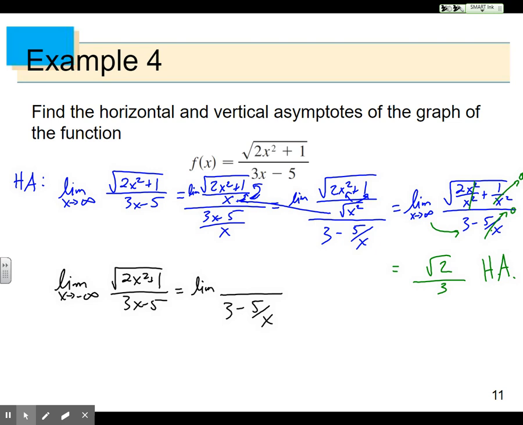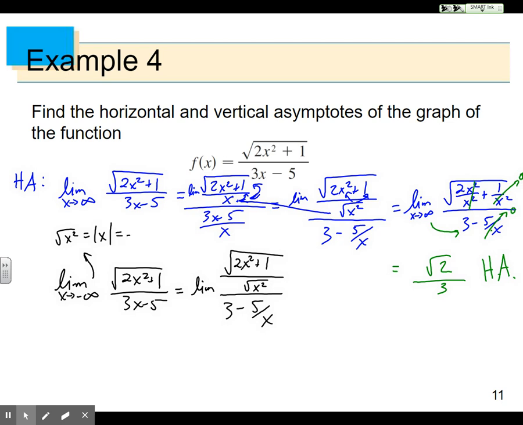If I divide by x on top right here, I've got this square root of 2x squared plus 1. But whenever I do this square root of x squared, if x is approaching negative infinity, then the square root of x squared looks a lot like the absolute value of x.